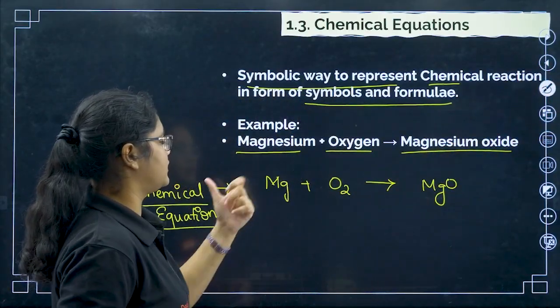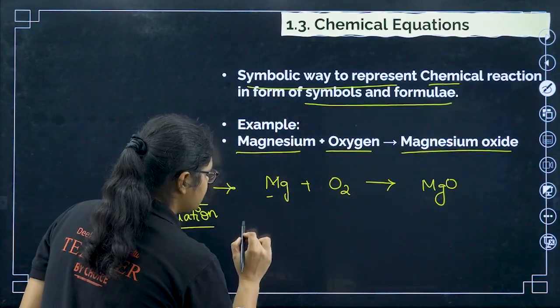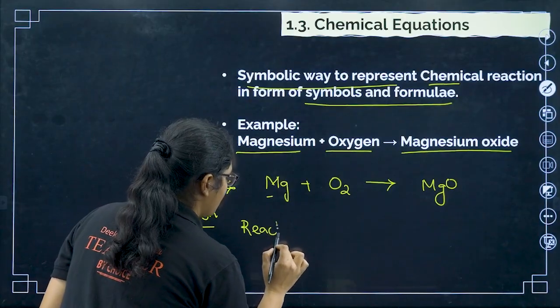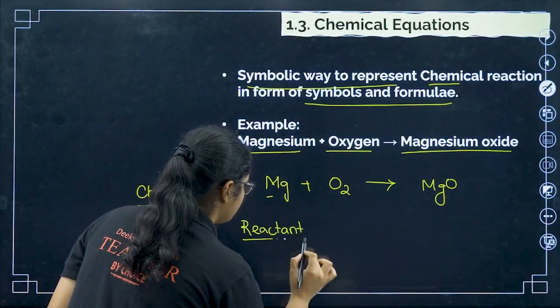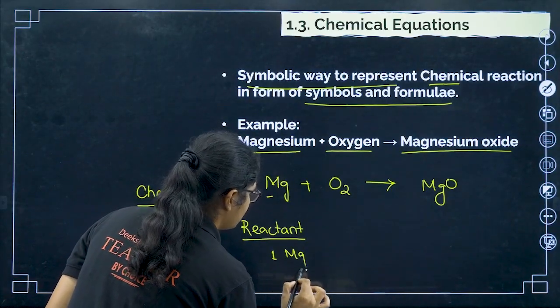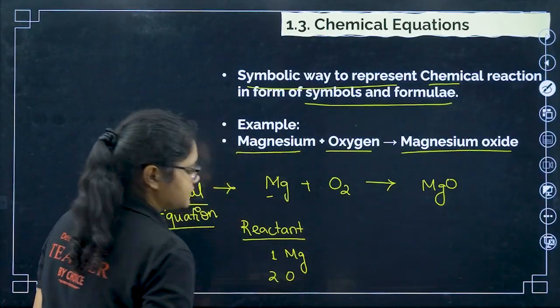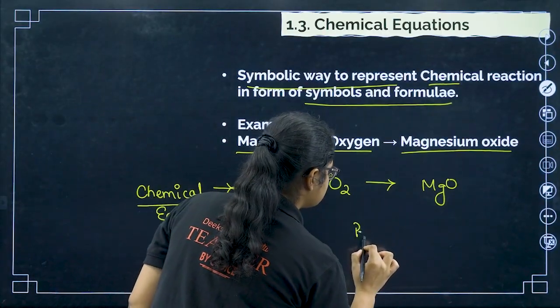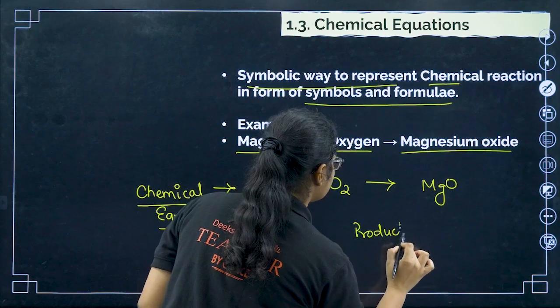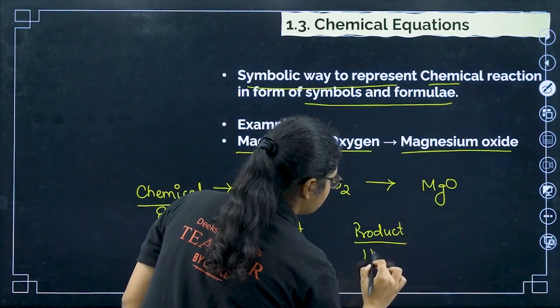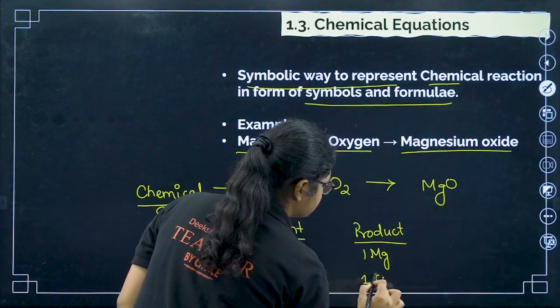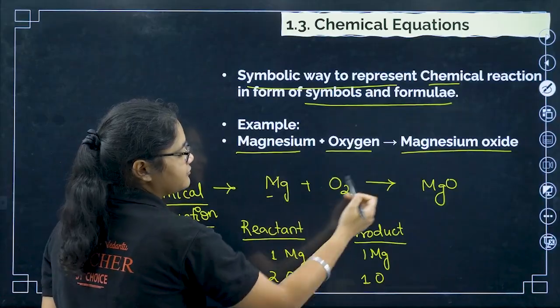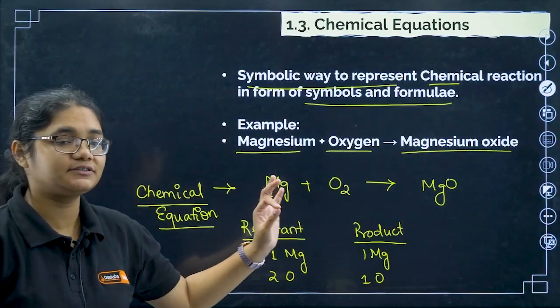In this reaction, on the reactant side you have 1 magnesium, and O2 is there, so you have 2 oxygens. On the product side, you have one magnesium and one oxygen. So you can see the number of oxygen atoms is different on both sides. So this reaction is not balanced.